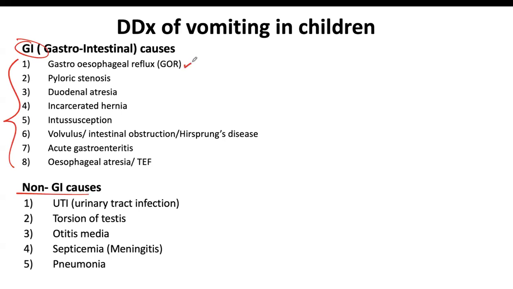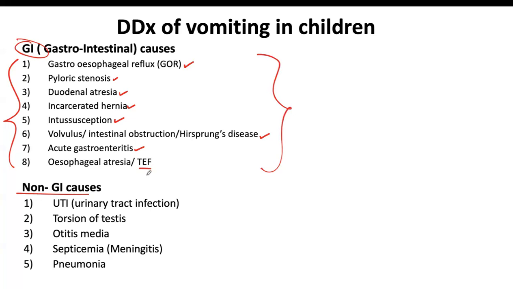So you have gastroesophageal reflux, pyloric stenosis, duodenal atresia, incarcerated or obstructed hernia, intussusception, volvulus, intestinal obstruction or Hirschsprung disease, so any of the intestinal obstructions, acute gastro, and esophageal atresia or tracheoesophageal fistula. So these are all the GIT causes, and all of these cases come in exam. As you can understand, this is a super important cluster for your exam.